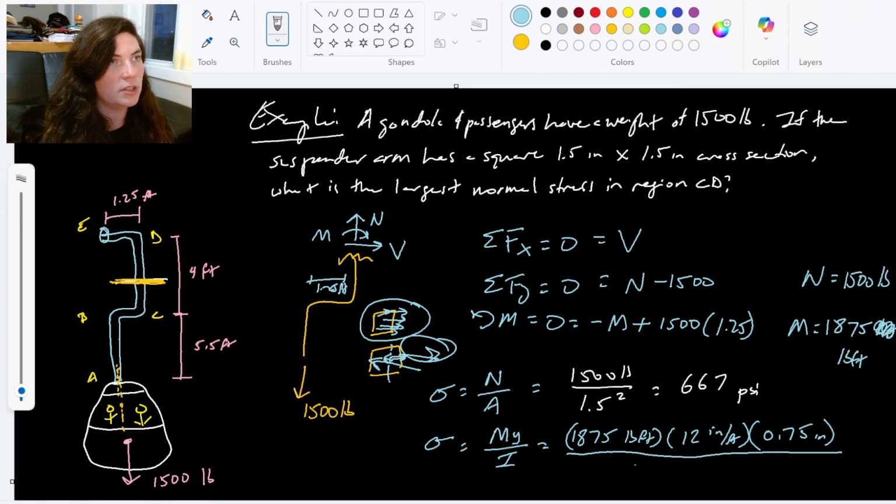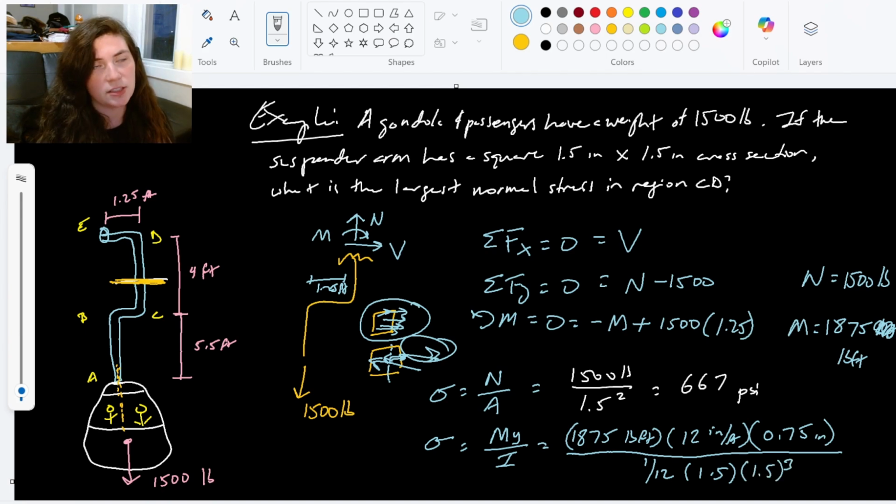All over the moment of inertia, which this is just a square, so that makes it really, really easy. It's 1/12 base height cubed, just like for a rectangle, but since both sides are the same, it's really just 1/12 base to the 4th, right? Since base and height are the same, we can combine those. 1.5, or you could write it out if you want, 1.5 times 1.5 cubed.